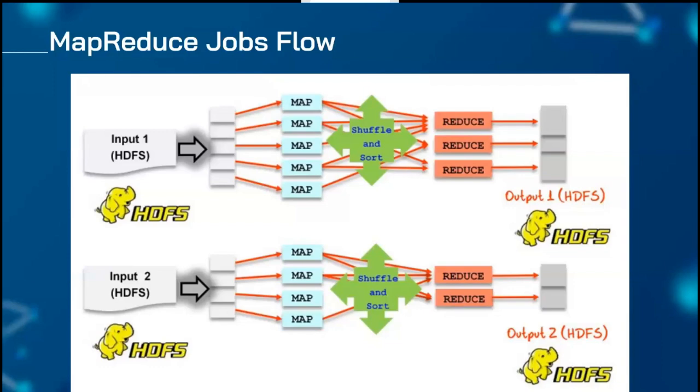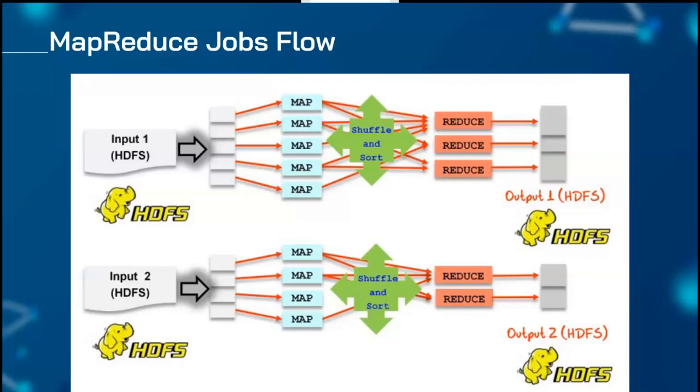The map function takes a data set and converts it into another set of data, where individual elements are broken down into key pairs. Whereas the reduce function takes the output from the map as an input and combines that data based on the key and accordingly modifies the value of the key.